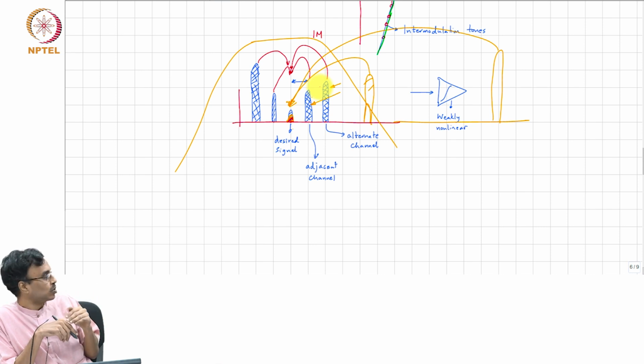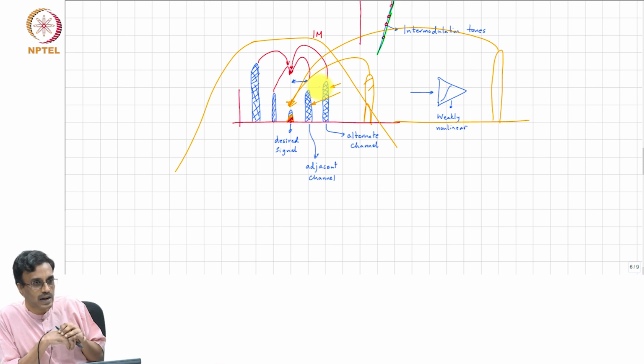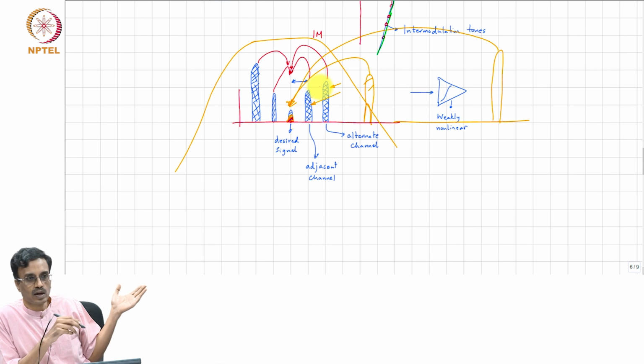So even a small amount of intermodulation distortion can potentially completely mess up your desired signal, all right. A lot of this, as you can see, is just jargon. You have to be aware of the fact that you can have intermodulation distortion.